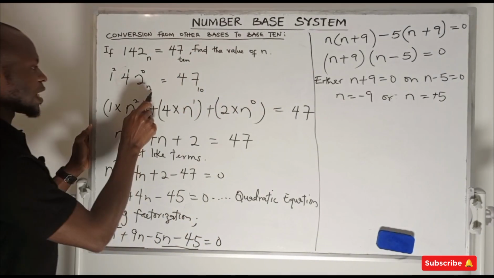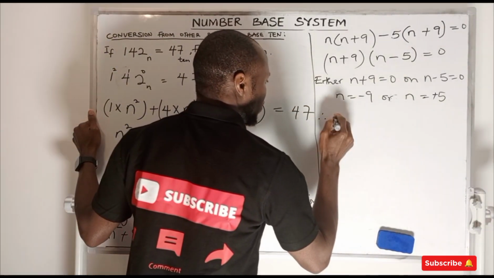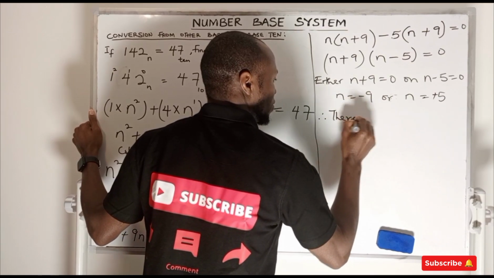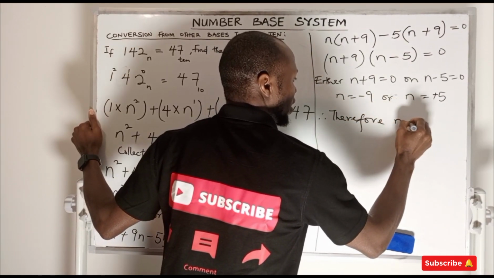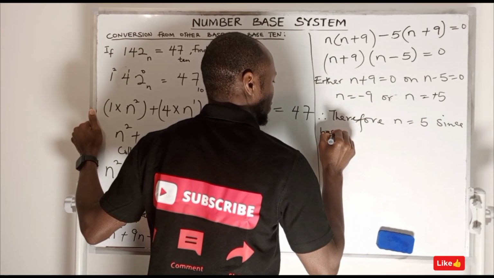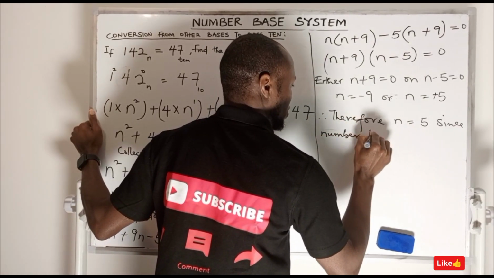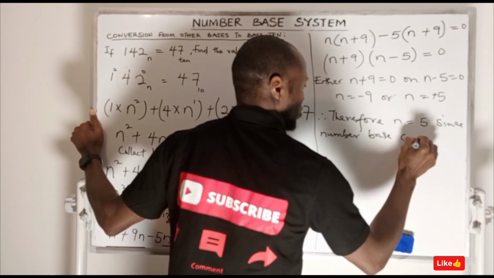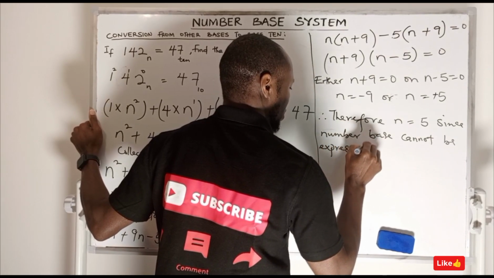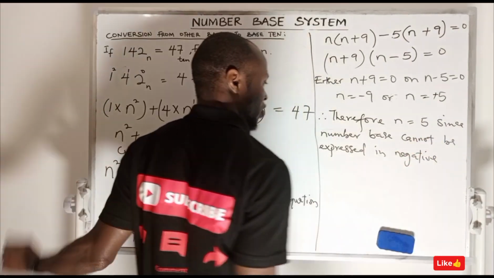I'm asked to find my n. Can my base be in negative? No. Therefore, n equals 5, since a base cannot be expressed in negative.